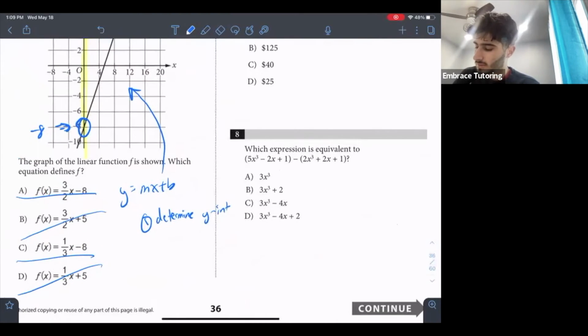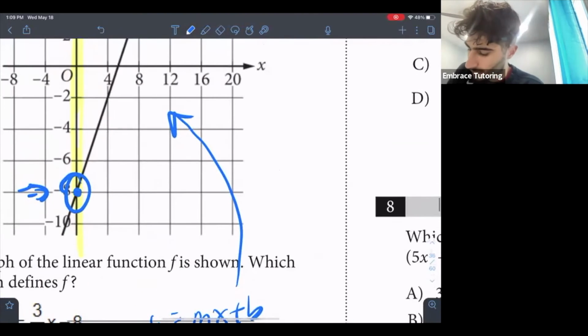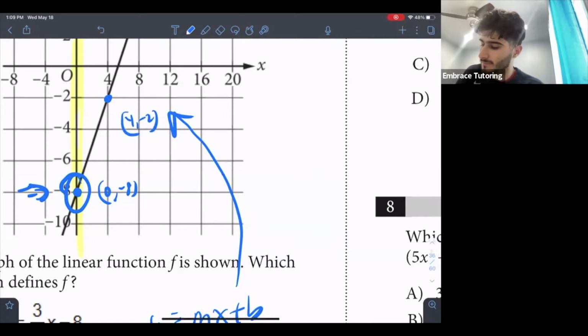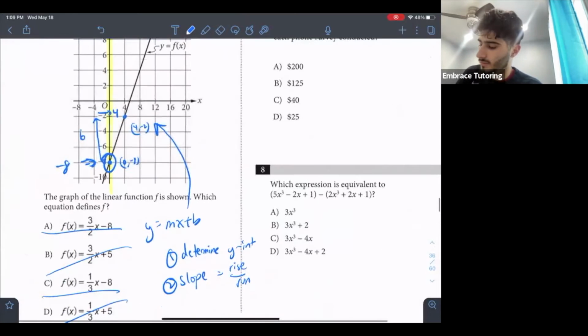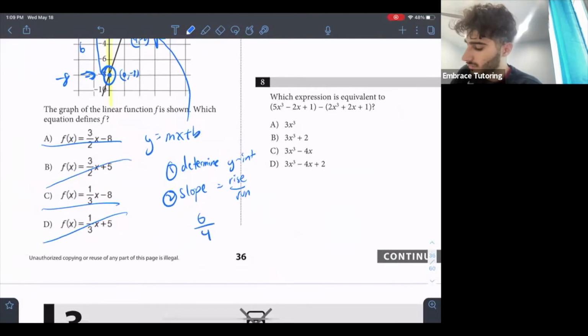So now what we do is determine slope. Slope is equal to rise over run. So we can start at a point right here, let's say 0, -8, and then we can stop right here, which is 4, -2. So we rise 6, run 4. So if we do rise over run, we get 6 over 4.